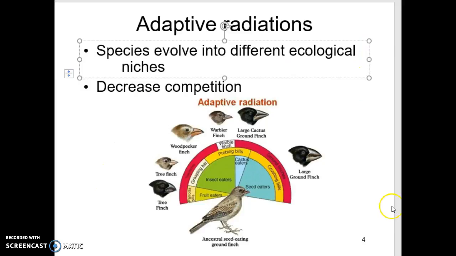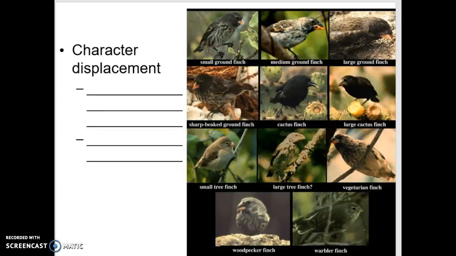It's not as difficult if you're not competing directly with other species that are similar. So we can see that happening, and we see plenty of evidence in nature of adaptive radiation occurring and species evolving into different ecological niches. Quite often we'll see this thing called character displacement occur, and that goes along with the adaptive radiation.